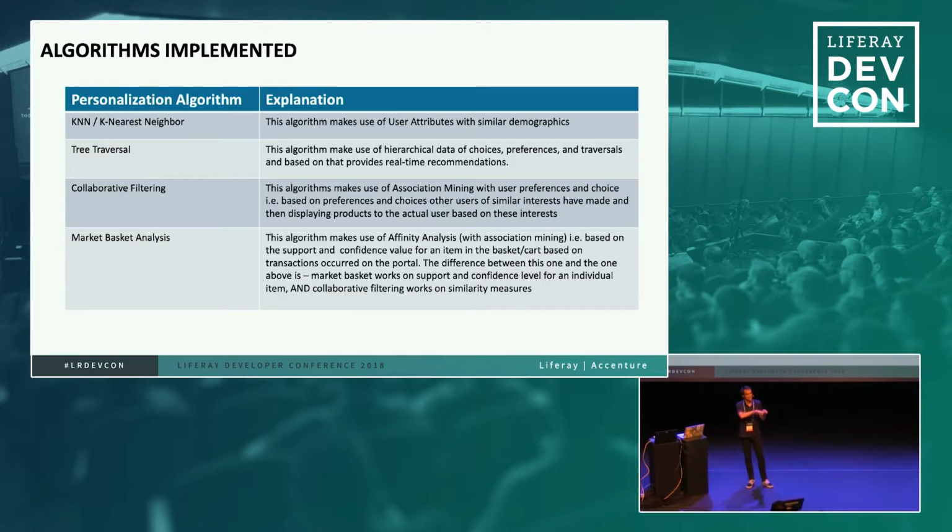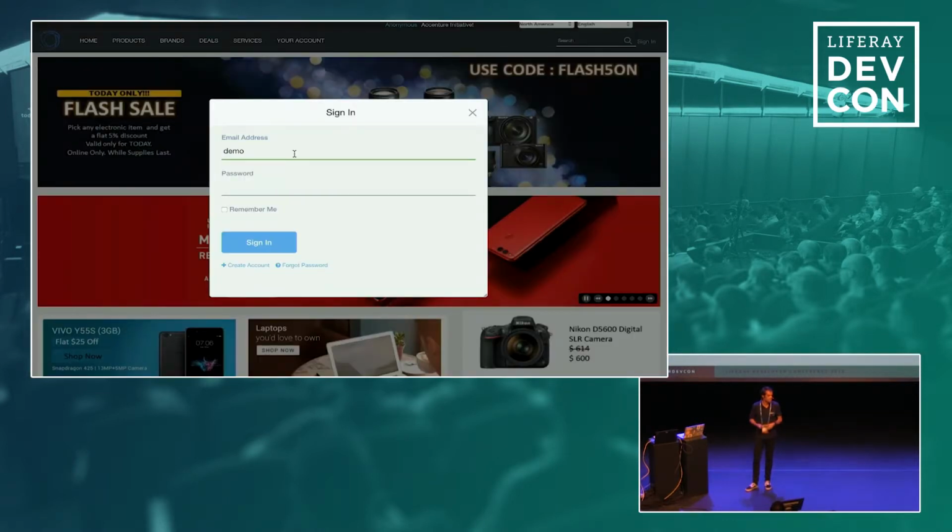Tree traversal, so basically as you are navigating through the different components of the website, to the different pages, it just understands that and will push campaigns automatically in real time to the users. Also collaborative filtering, in terms of users who bought this or added this to their carts also purchase this, and similar to that, affinity analysis, the market basket analysis when the user finishes the purchase.